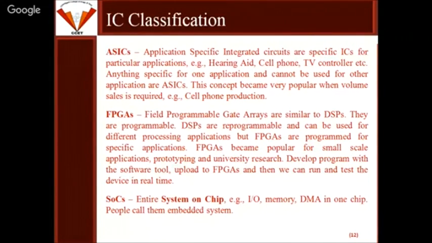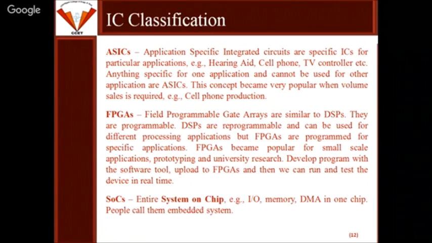Next is FPGA. You can say FPGA is also a type of ASIC. It means ASIC is a set and FPGA is a subset of that. But because of applications nowadays, FPGAs are considered a different entity in comparison to ASIC. Field programmable gate arrays are similar to digital signal processors. They are programmable. DSPs are also programmable and can be used for different processing applications, but FPGAs are programmed for a specific application.